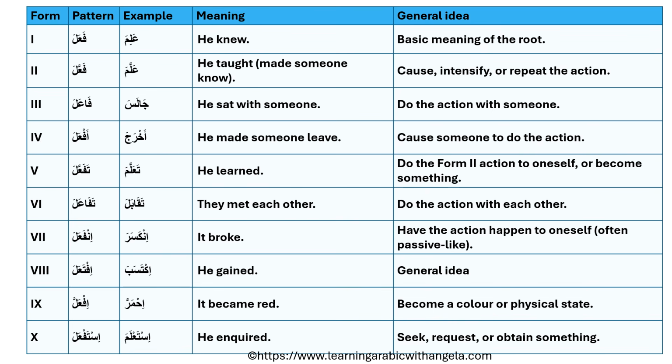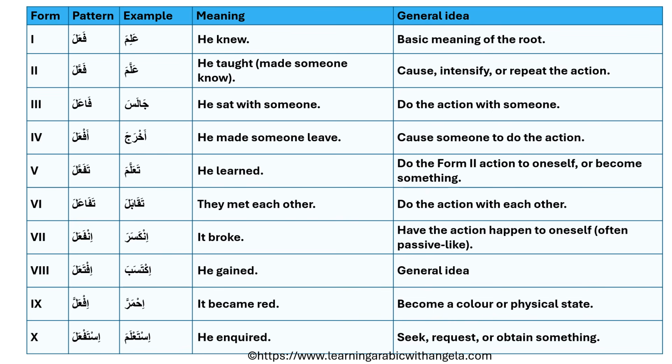So when you meet a new Arabic verb, you don't just look at the root, you look at what has been added to it. The added letters may tell you whether someone causes the action, does it to themselves, or does it with someone else, undergoes a change or seeks something. The patterns are not rigid formulas, but they give you powerful clues to meaning. Don't just memorize the verbs, notice the patterns.